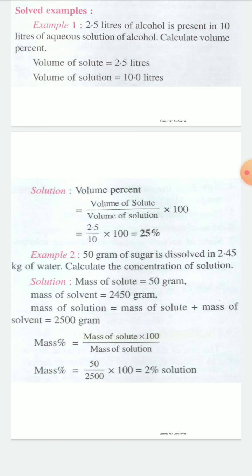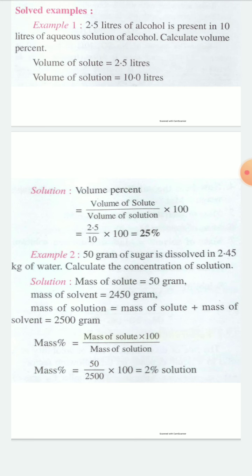Calculate the concentration of the solution, that is the mass percentage. Mass of solute is 50 gram, and mass of solvent is 2.45 kg, that is 2.45 into 1000, which is 2450 gram.